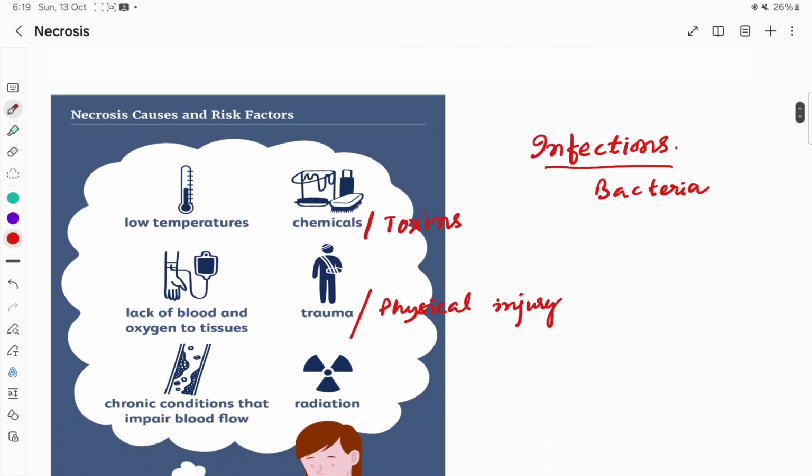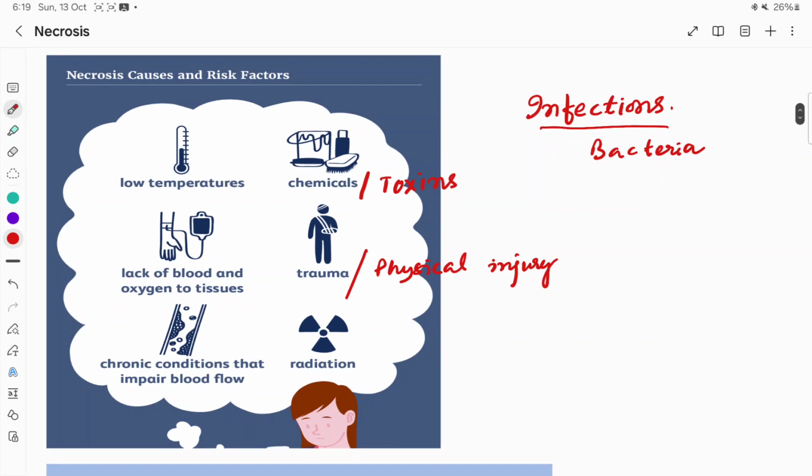So the causes and the risk factors include the toxins or chemicals, number one. Number two, lack of blood and oxygen supply to the tissues. When there is lack of blood supply, we call it ischemia, and when there is lack of oxygen supply, we call it hypoxia.